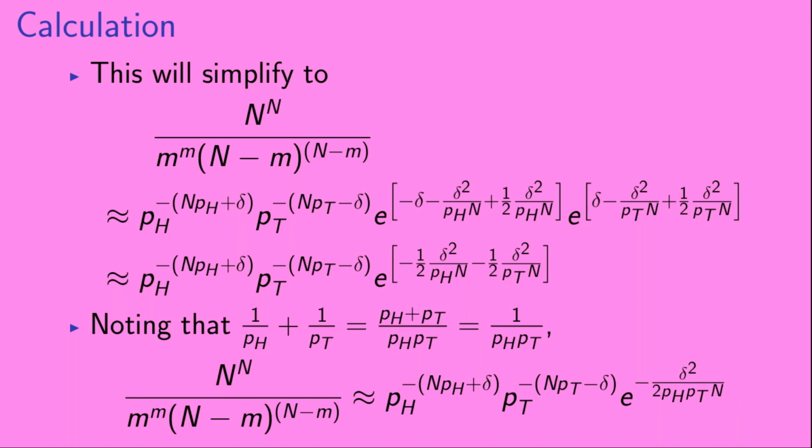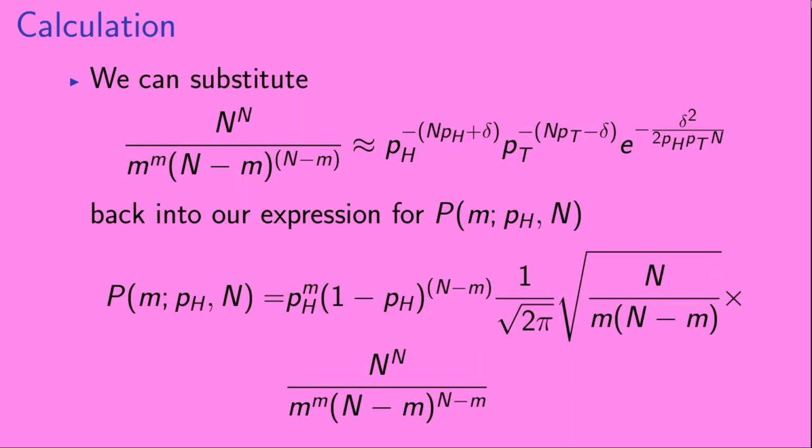So this gives us that n^n over m^m (n−m)^(n−m) is approximately equal to pH raised to the minus (n pH plus delta) power, pT raised to the minus (n pT minus delta) power, e to the minus delta squared over 2 pH pT n.